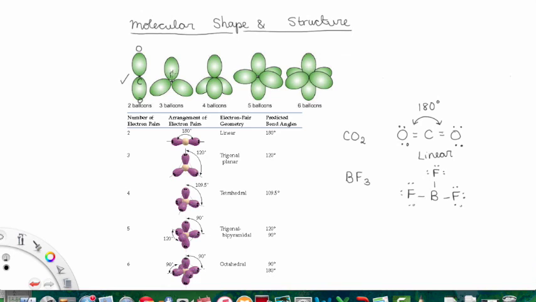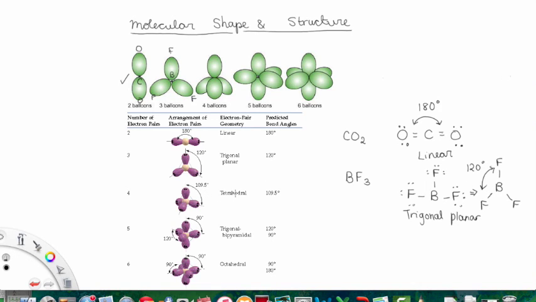Let's pretend that there's boron in the middle, fluorine, fluorine, fluorine. This is actually going to end up looking like so, and this is called a trigonal planar geometry, and each of these angles is 120 degrees. 120 degrees times 3 makes 360, right? So you're splitting up this circle between 3 atoms to get maximal distance between the 3 atoms.